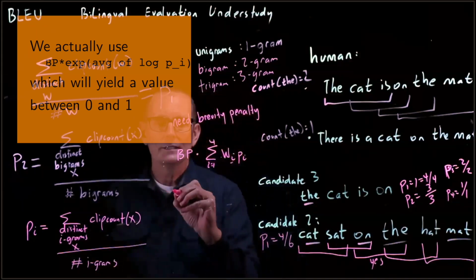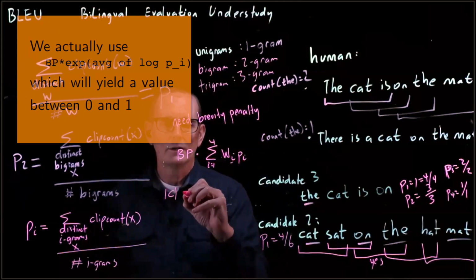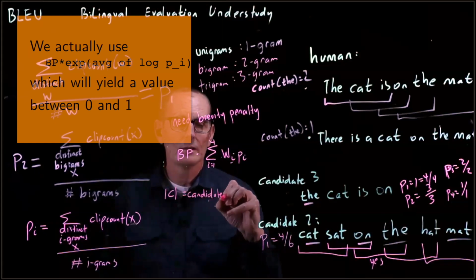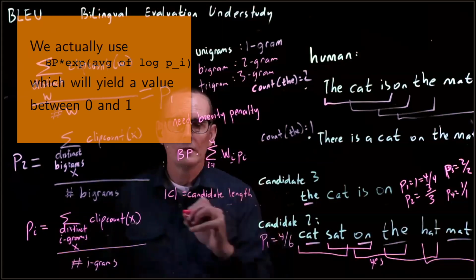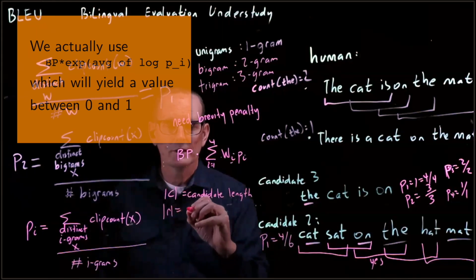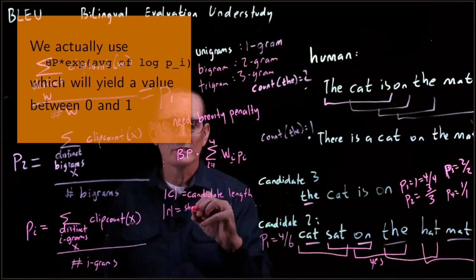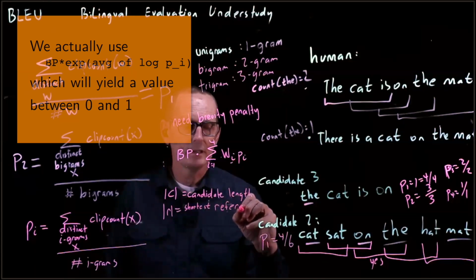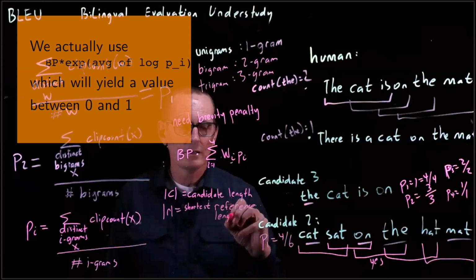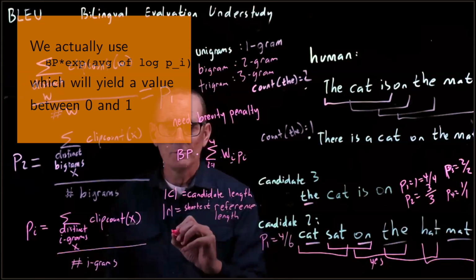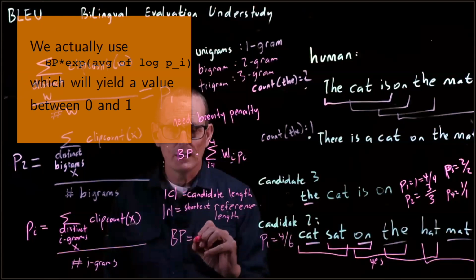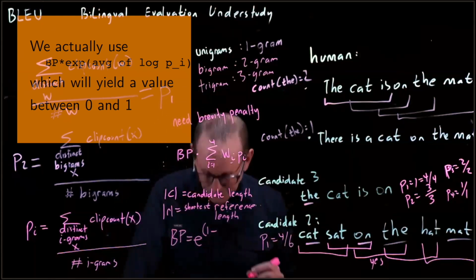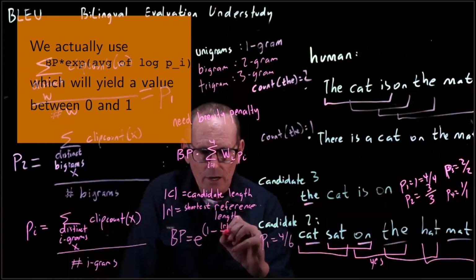Let the size of C equal the candidate length, and the size of R, the cardinality of R, be the shortest reference length. Then BP we're going to say is equal to e to the 1 minus R over C.